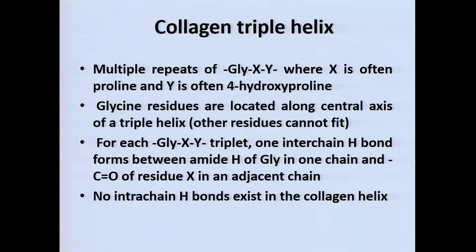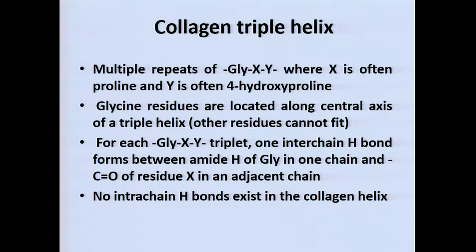So these glycine residues are located along the central axis of the triple helix, and for each glycine, you can see here, this is a proline. Proline cannot form a hydrogen bond, and hydroxyproline definitely also cannot form the hydrogen bond. So in this type of helix, this is not the kind of real helix, because the hydrogen bonding will be less inside it.